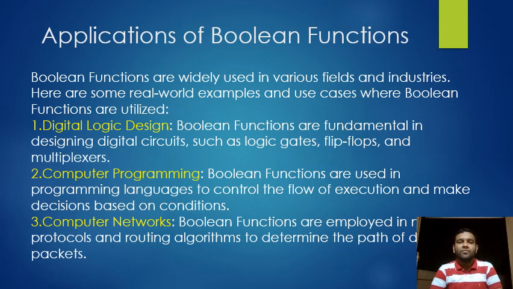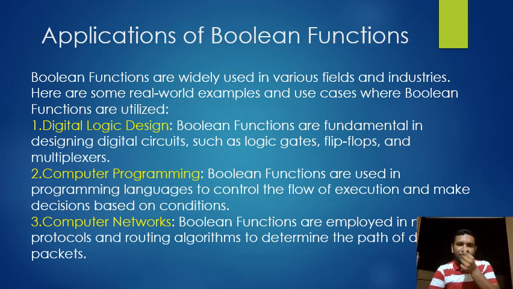The first one is digital logic design. Boolean functions are fundamental in designing digital circuits such as logic gates, flip-flops, and multiplexers. These three are different kinds of digital circuits seen in computers.